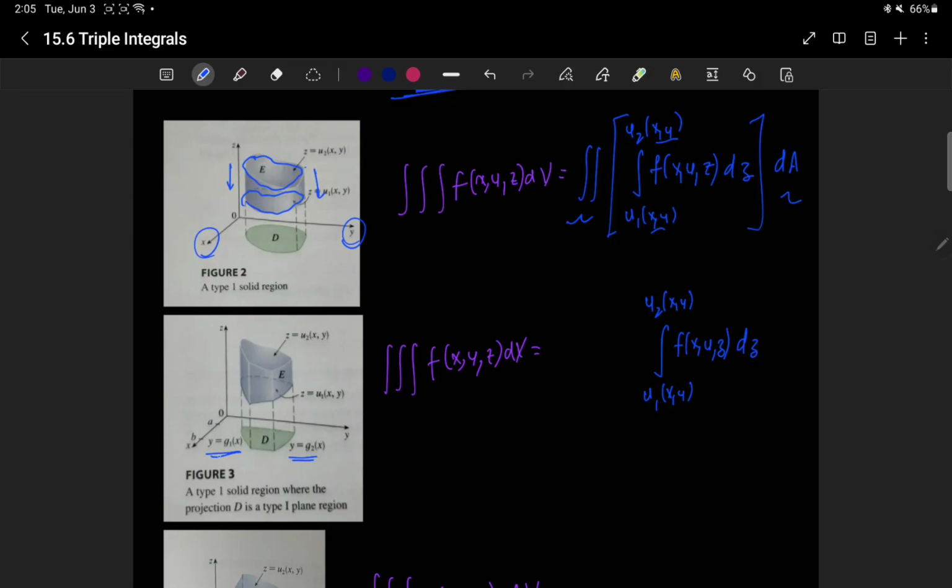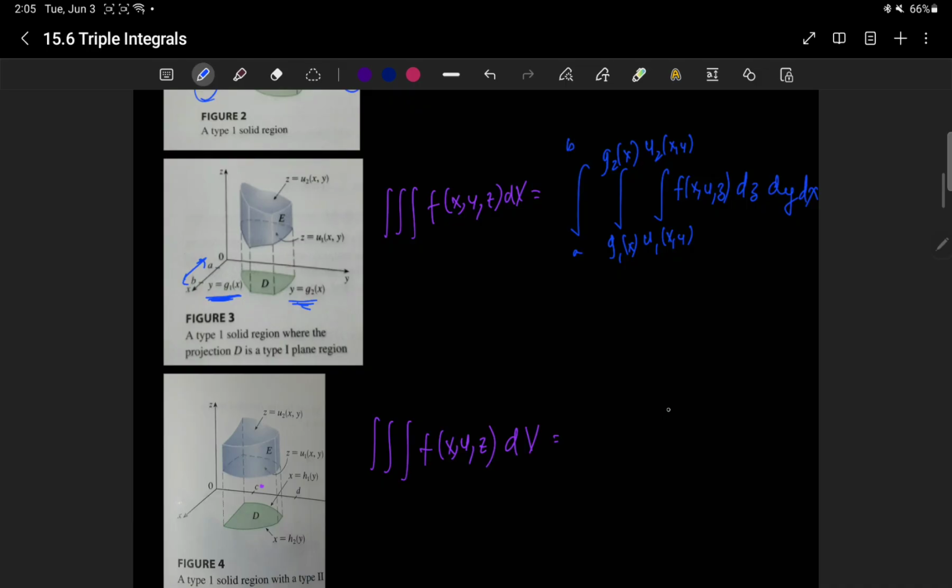If it can be expressed as y equals g1(x) to g2(x), then you would do y next, going from g1(x) to g2(x), so you are left with only x terms. And in the end, you would do x, where x varies from a to b in this case.